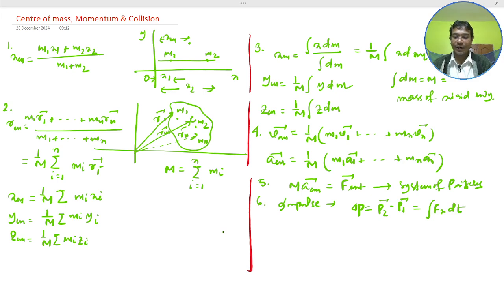Principle of conservation of linear momentum: if F external is 0, that implies dp/dt is equal to 0, so p would be constant. The time derivative of a vector being 0 means the vector is constant and remains unchanged. The condition here is that F external is 0.